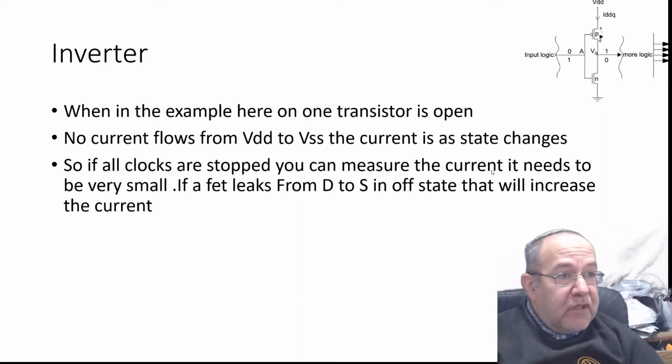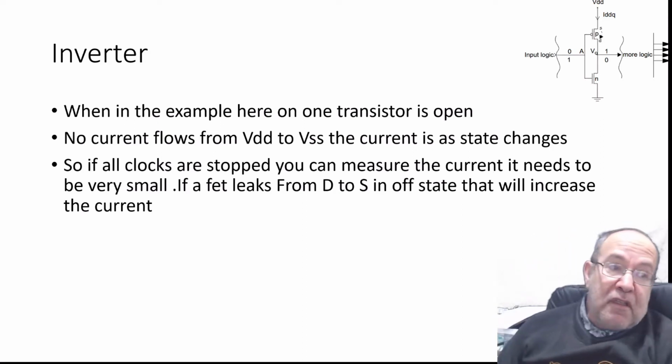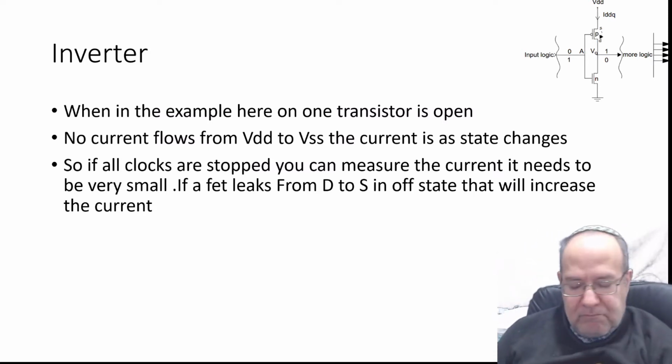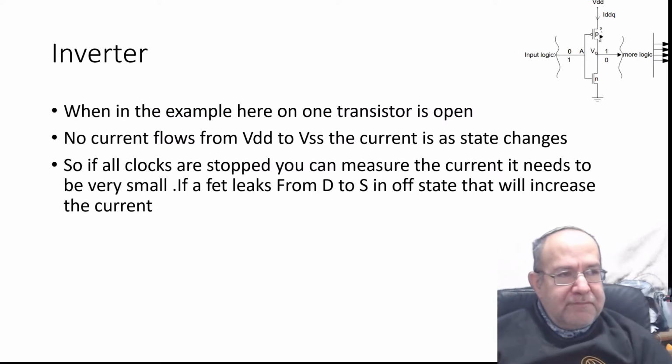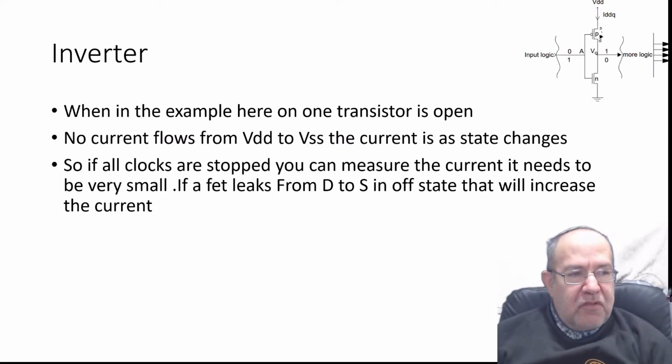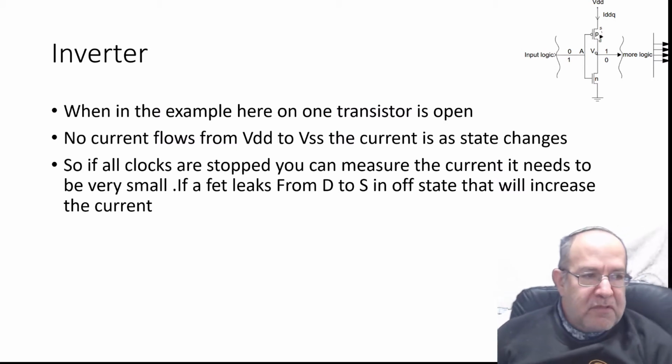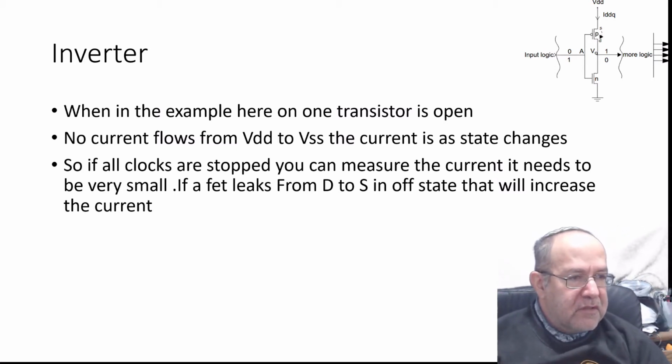In the top corner, one can see a very simple CMOS inverter. The top FET is your P channel, your bottom FET is your N channel.